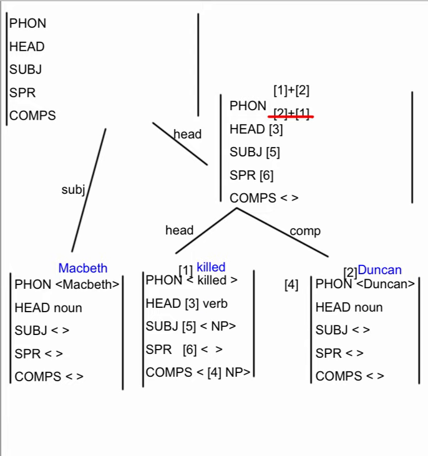So we already know the phonology of the head daughter is 1 plus 2, that is killed Duncan. The phonology of the subject is Macbeth, using the tag 7 for that. So we either get Macbeth killed Duncan or killed Duncan Macbeth.